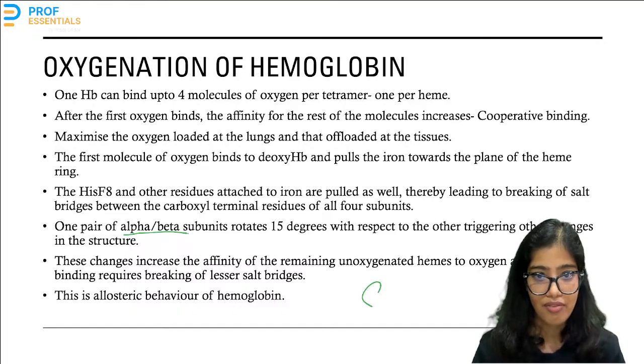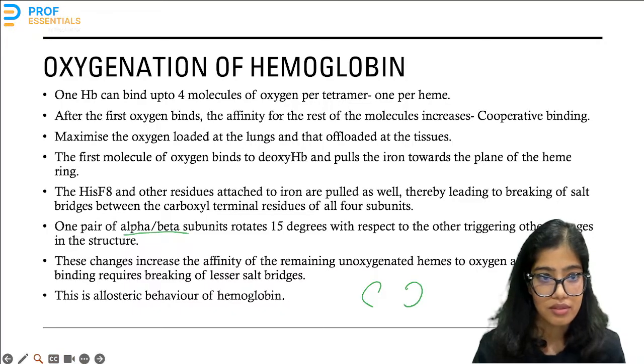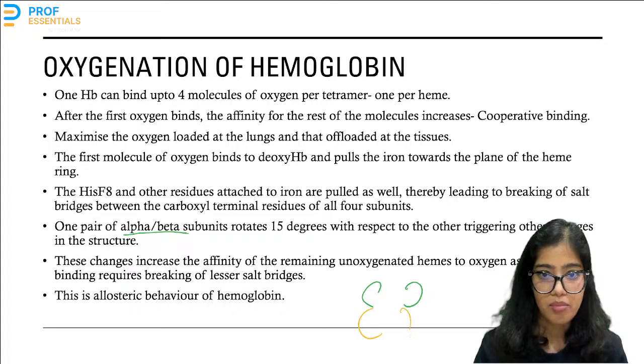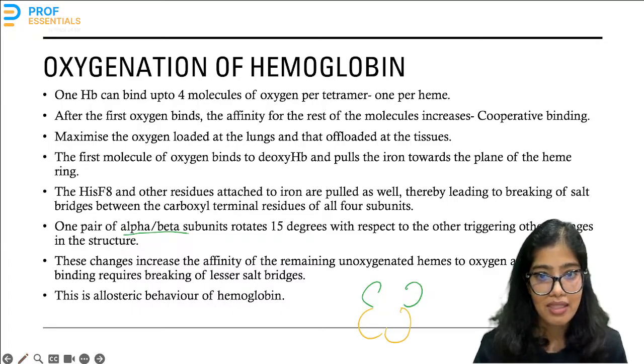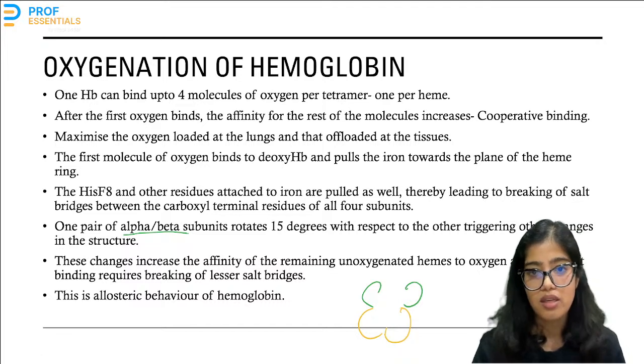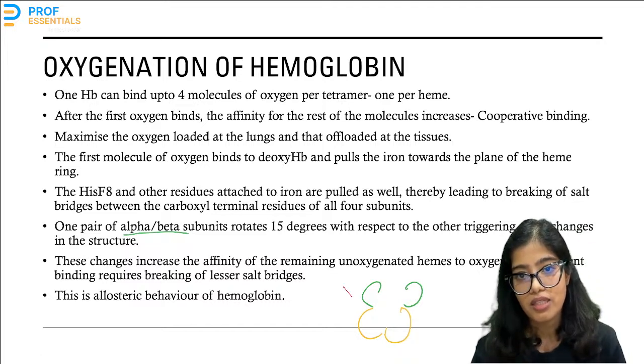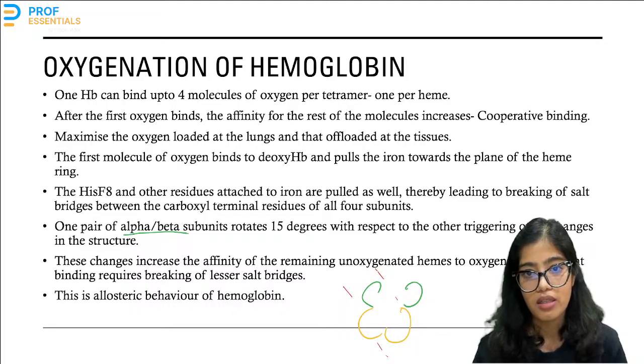Now, this is alpha. This is alpha. And this is the beta subunit. This is the beta subunit. Got it? Now, as the salt bridges are broken, suppose this alpha beta subunit, this one, is going to twist.